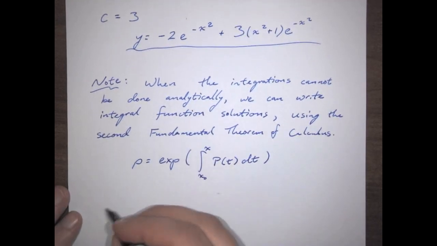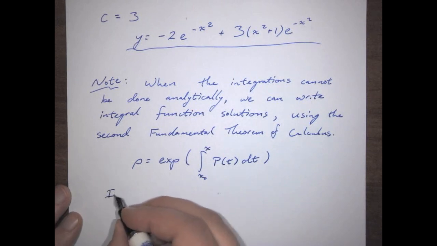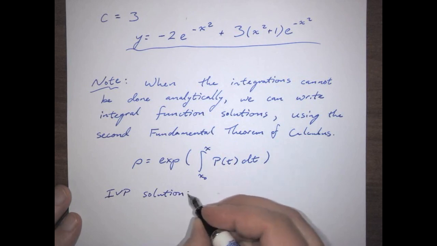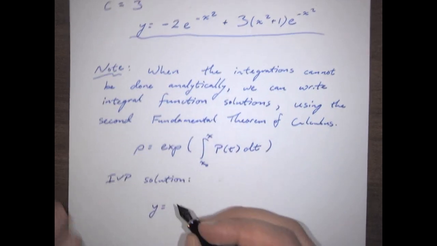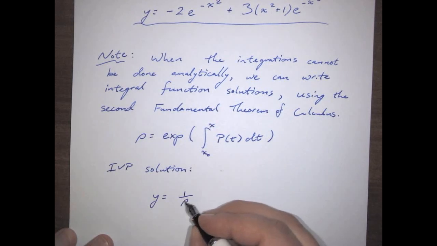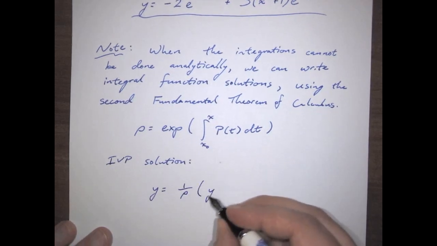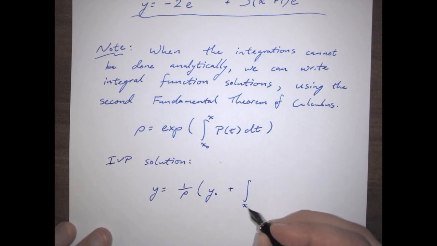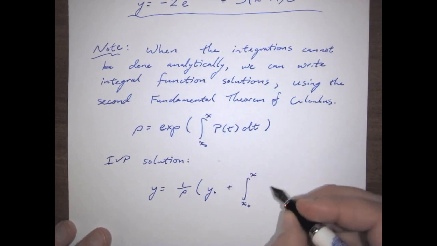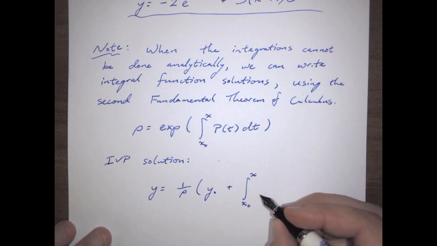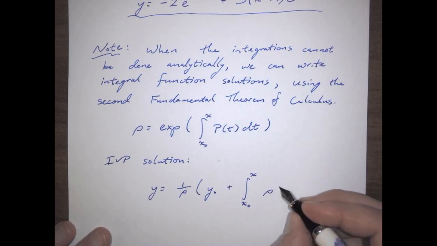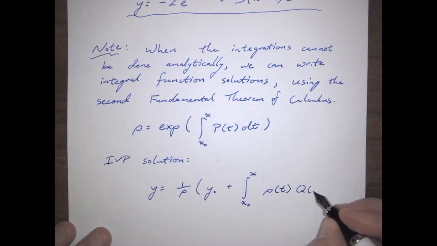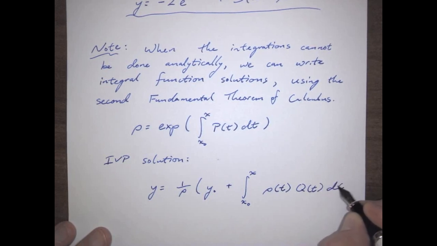And then the initial value problem solution would look like y is equal to 1 over rho times y naught plus the integral x naught to x of rho of t times q of t dt.